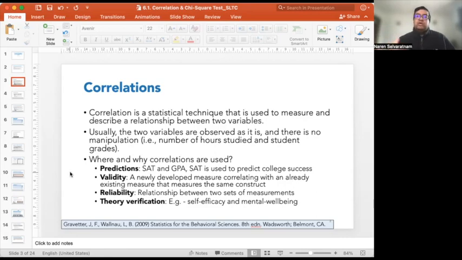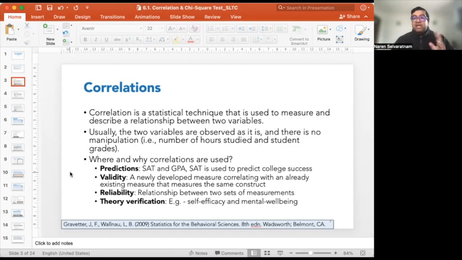So you can use your scale along with these scales for a group of individuals and see whether there are correlations. Then those correlations will strengthen the validity of your scale. So testing validity is another thing that correlations can offer you.